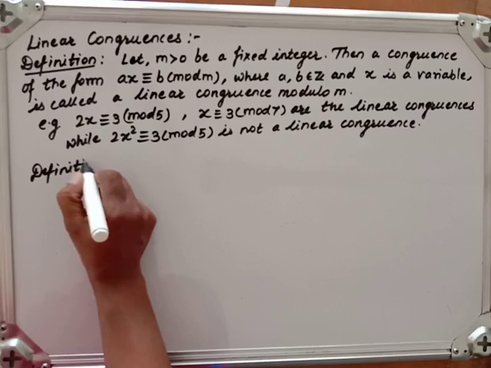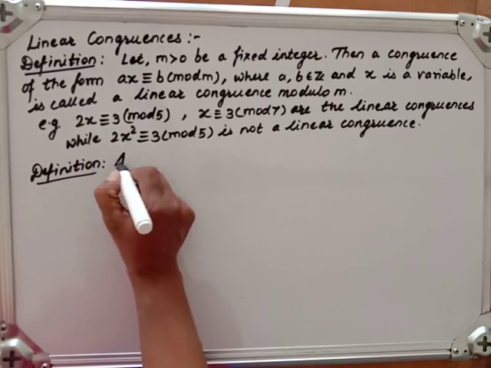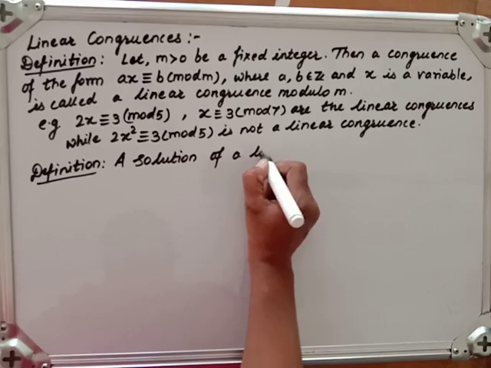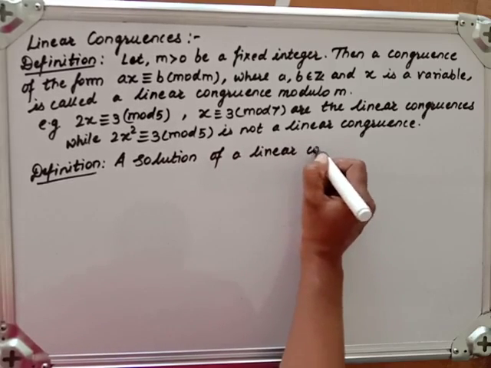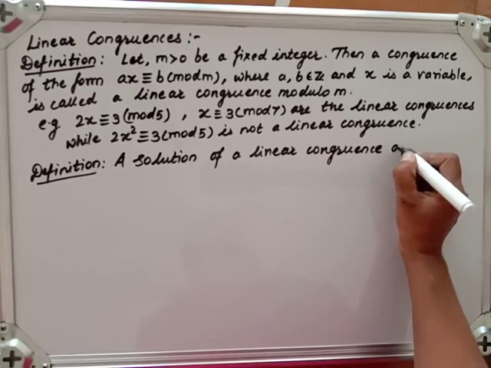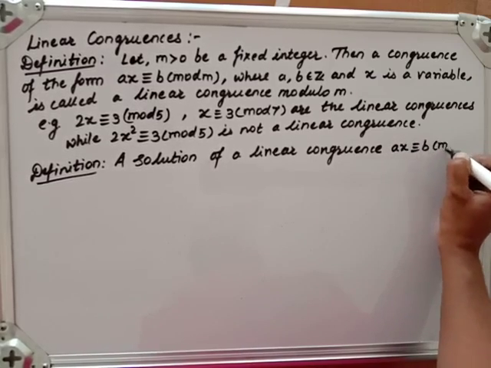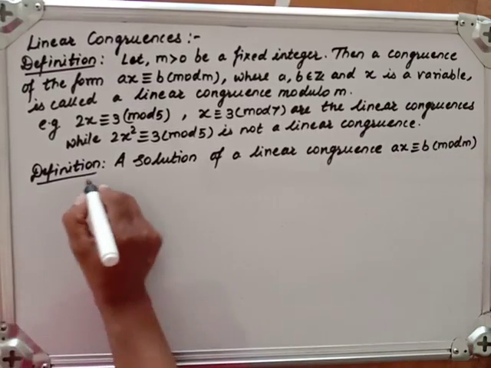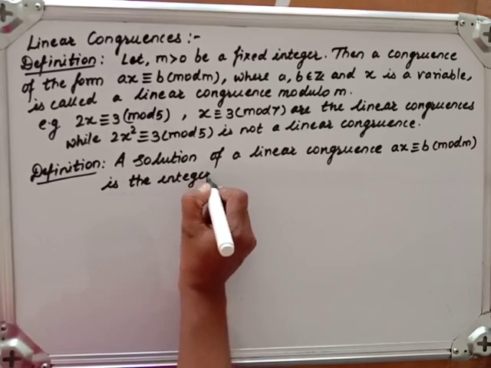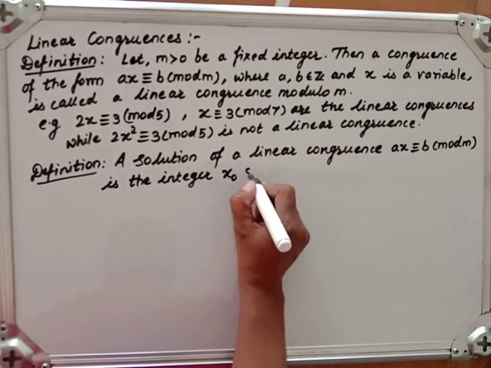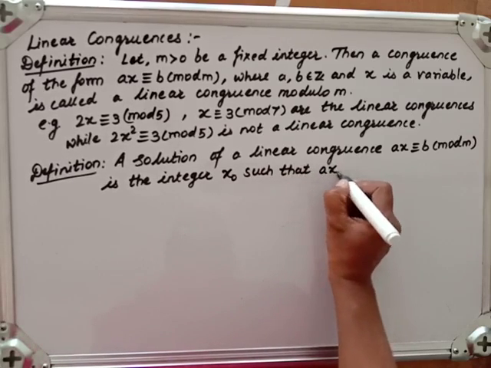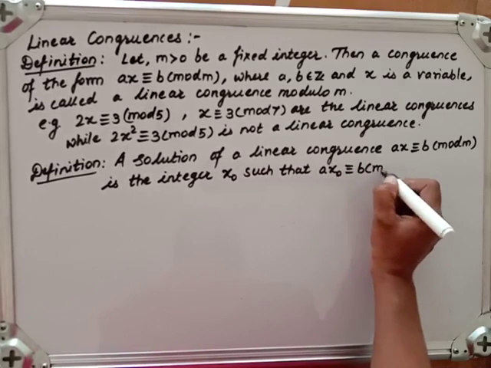Now let me take one more definition, the solution of a linear congruence. A solution of a linear congruence Ax congruent to B modulo m is an integer x naught such that Ax naught congruent to B modulo m.